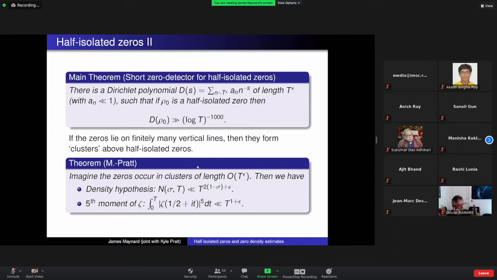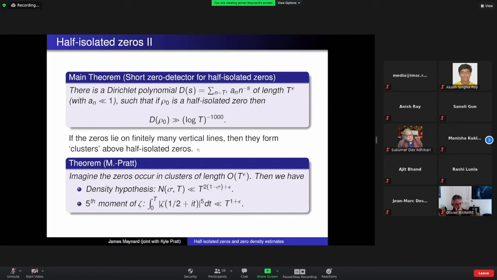In particular, it's combining this with the previous zero density type technology and making use of this clustering behavior that allows us to prove conditionally new zero density results if the zeros lie on finitely many vertical lines.